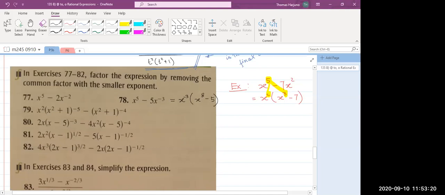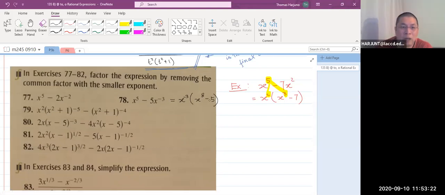Now let's try number 80. But let's observe first what common factor they have. They have common factor 2, so I can take 2 out. Agree? How about the x? How many x can I take out? We choose the smallest exponent. We can take only one x out. Agree?